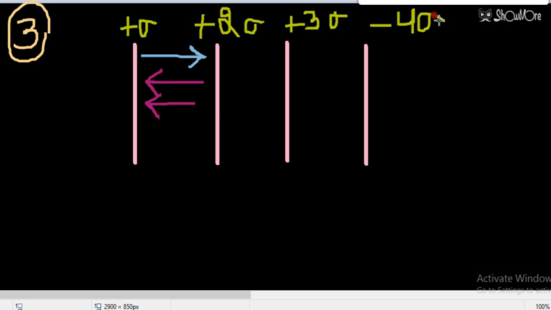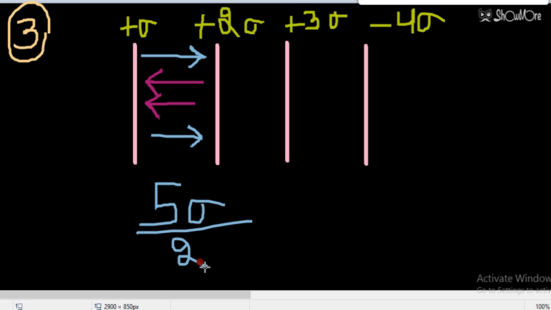Now due to this negative sheet, electric field will be towards right direction. So in the right direction it is sigma plus 4 sigma, which is 5 sigma. So 5 sigma by 2 epsilon naught will be the electric field towards the right direction.